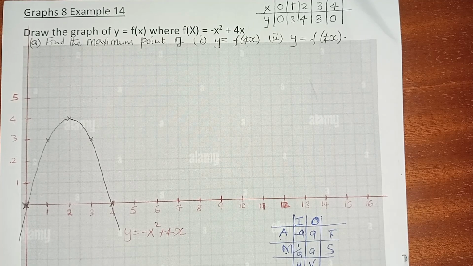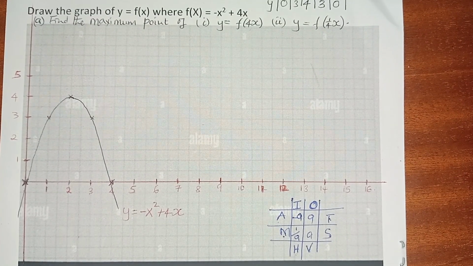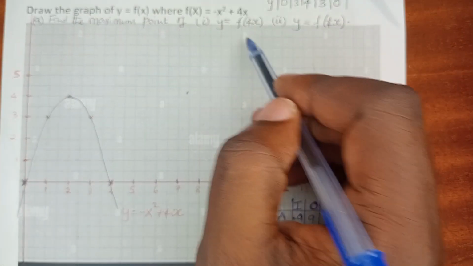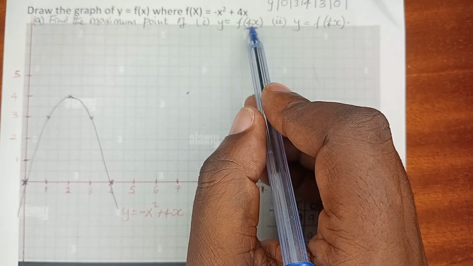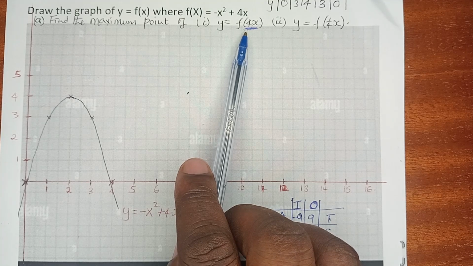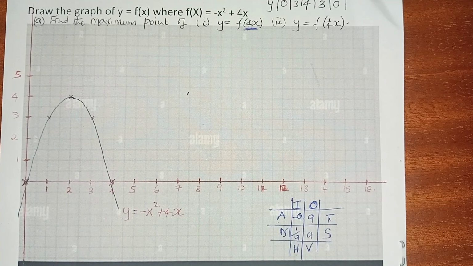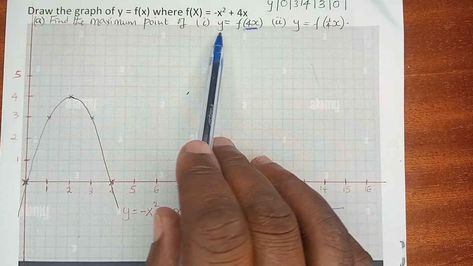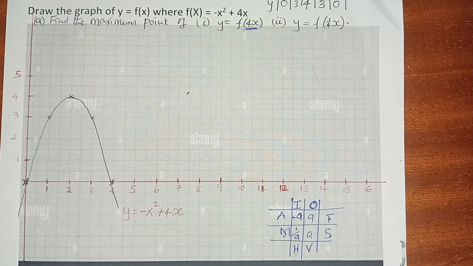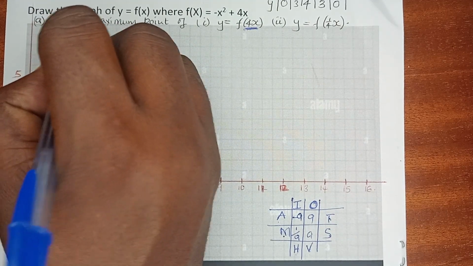According to what we can see here, this graph, which we are supposed to plot, has a multiplication by 4, and that 4 is within the bracket, so it is inside. So these are transformations of multiplication inside.